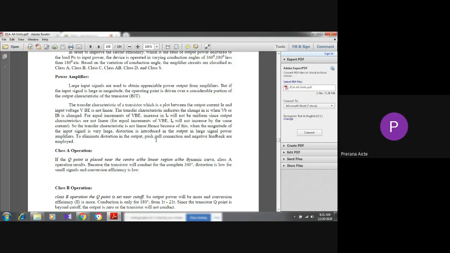We have different regions: active region, saturation region, cutoff region. Almost all amplifier circuits are connected in the active region. You already know that point. We make the operating point lie in the active region so that the circuit works as an amplifier.